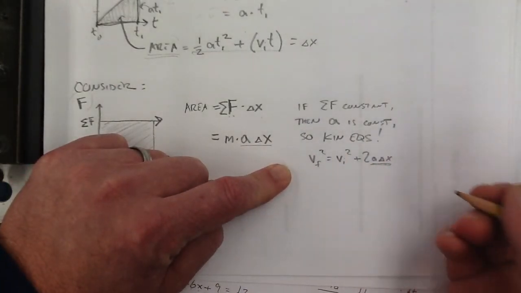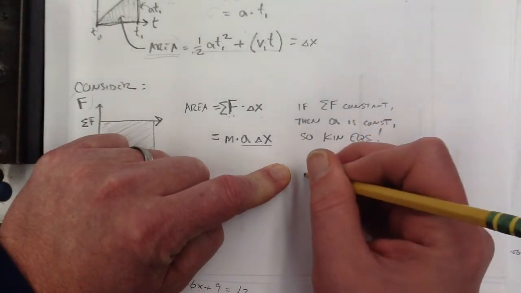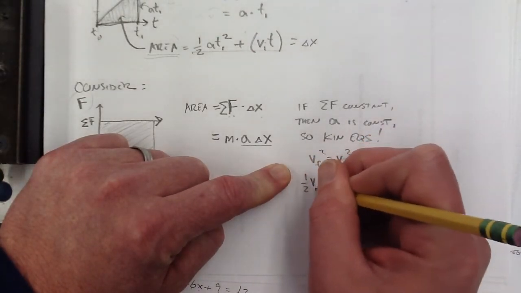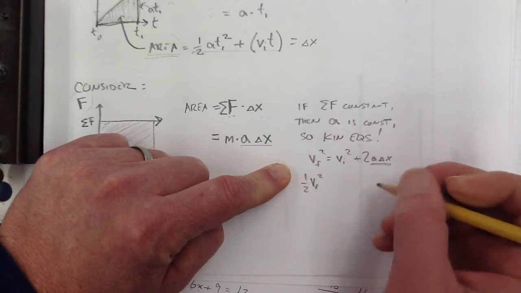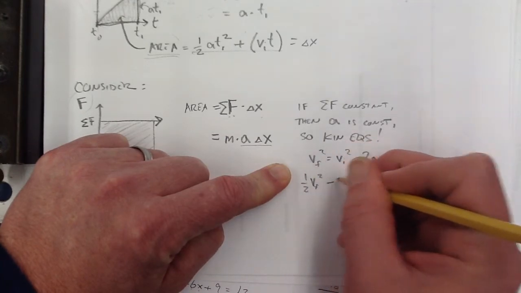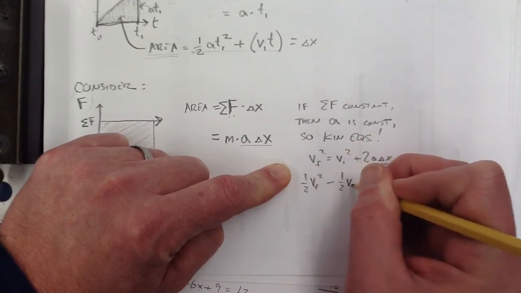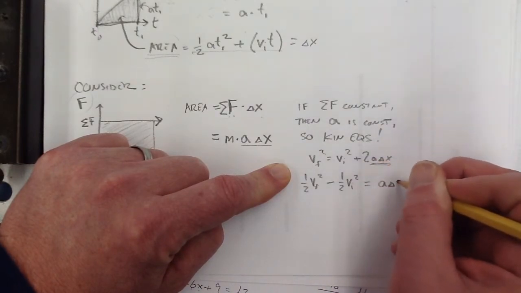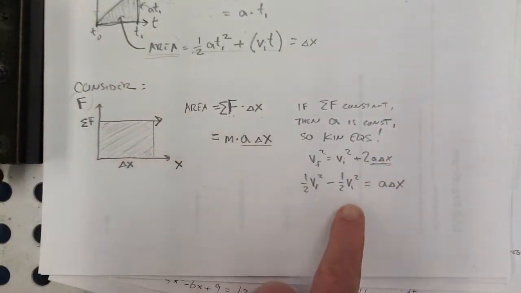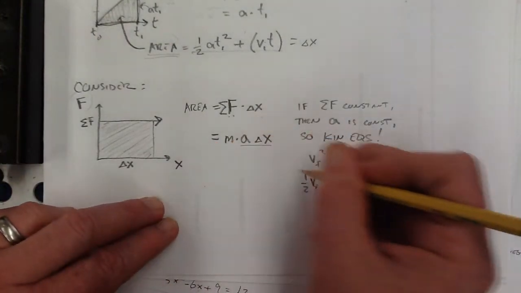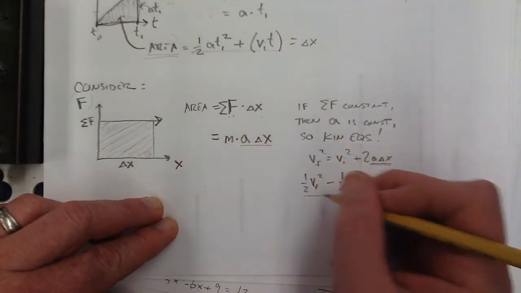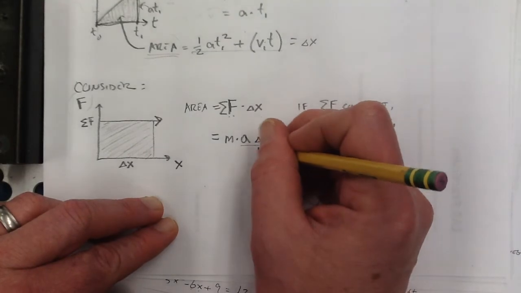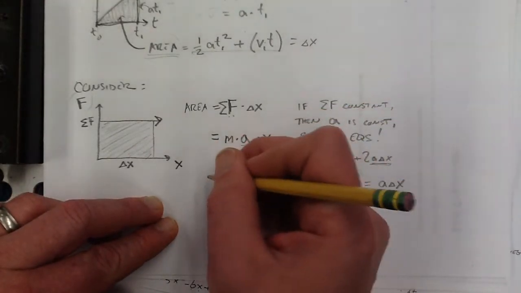So if I do that, I get 1/2 Vf squared, dividing everything by 2, and then I'm going to subtract that over, minus 1/2 Vi squared is equal to a delta x. So I can make that substitution here, in place of a delta x.